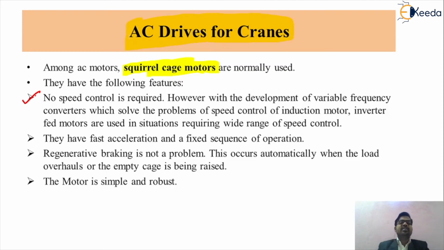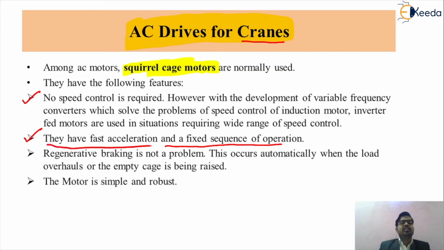Because as we have seen, in the different applications of cranes and hoists, there should be no requirement of speed control. So by the use of variable frequency converters, we are preferring such types of AC drive for cranes and hoists. Then the second thing, they have fast acceleration and a fixed sequence of operation.